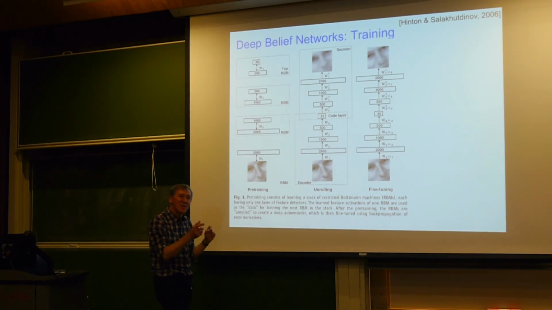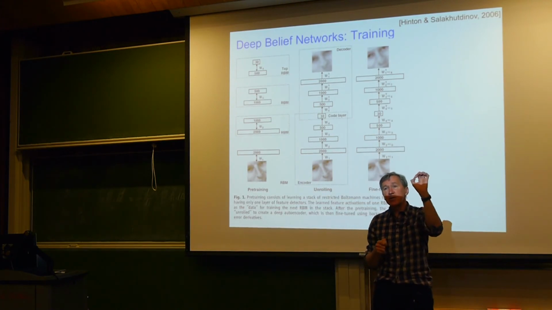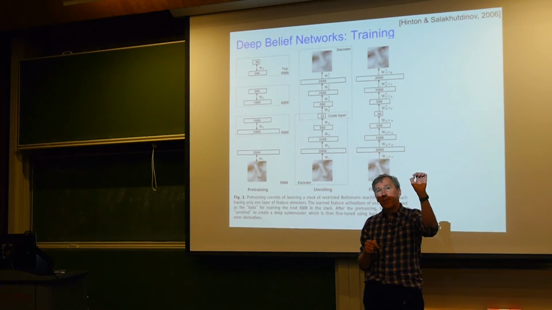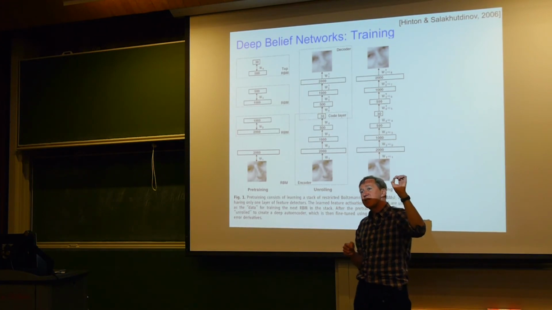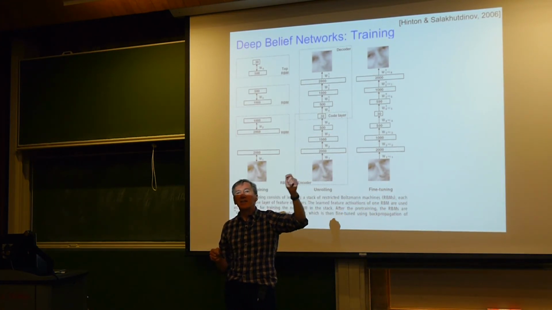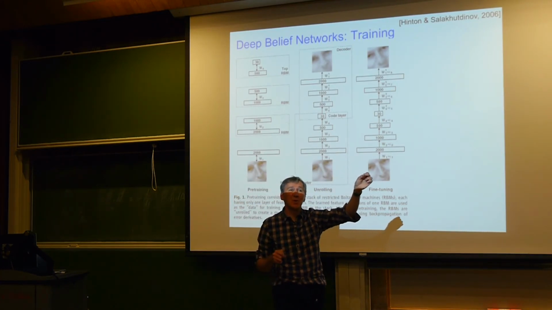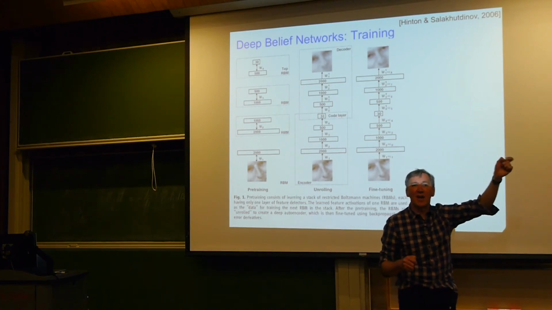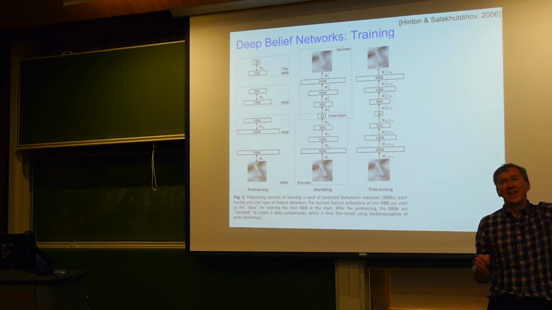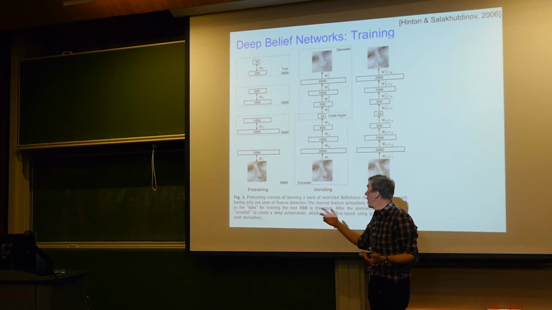But there's a very nice interpretation of restricted Boltzmann machines where you say each of those hidden units is actually a Boolean random variable. And the continuous value of that unit is actually the probability that that Boolean random variable has the value 1.